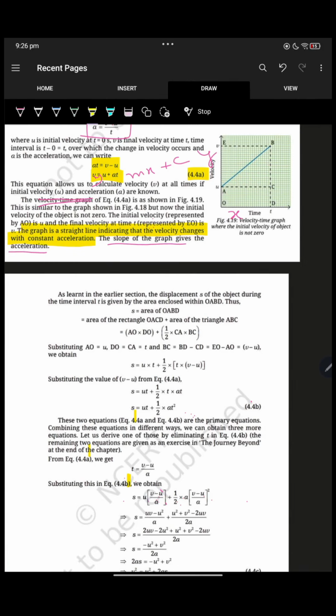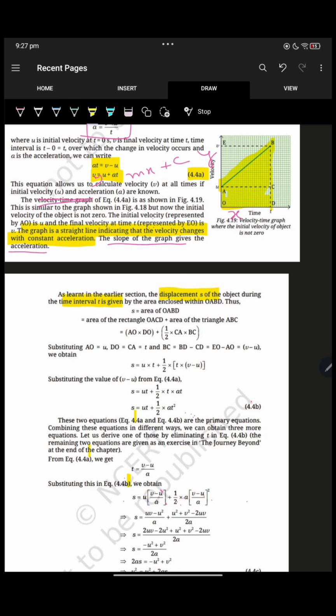Another thing we need to mark over here is the displacement s of the object during the time interval. Displacement s of the object during the time interval t will be given by the area under the plot. This total area under the plot is this part.